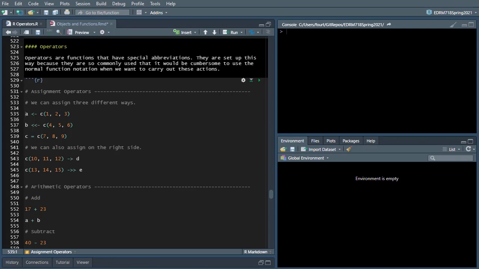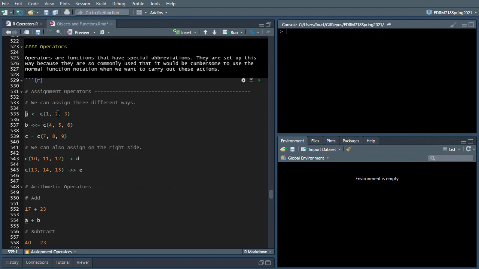We can assign in 3 different ways. You notice here that I've created a vector with the concatenate function, but I want to put it somewhere. So I've created an object I'm going to call A, but I need to be able to tell R, hey, take this vector I created and put it into A. That's what we mean by assignment.